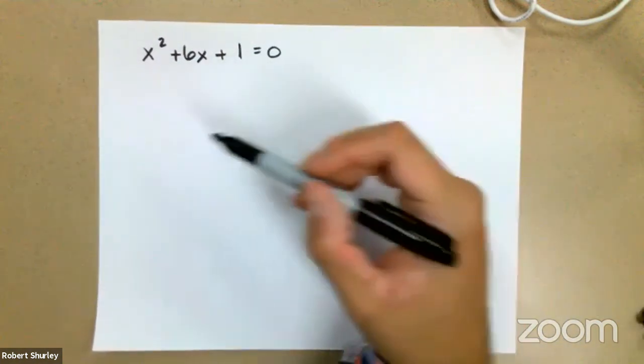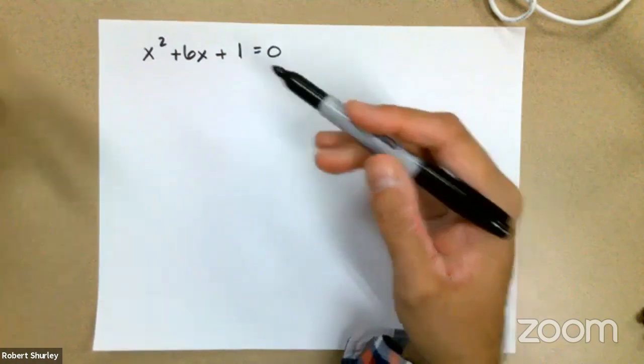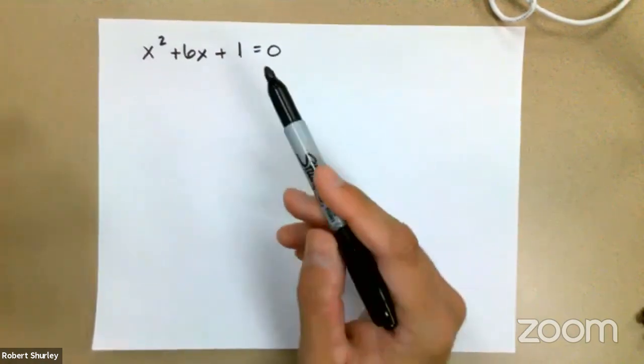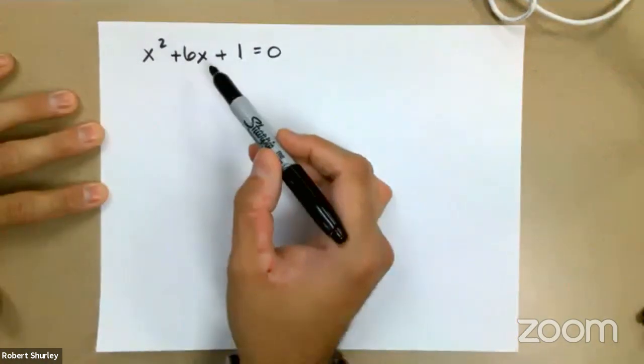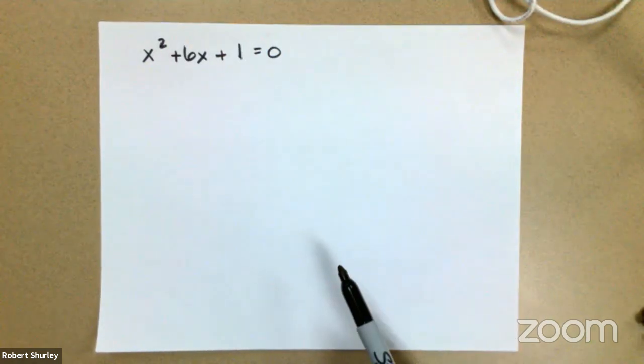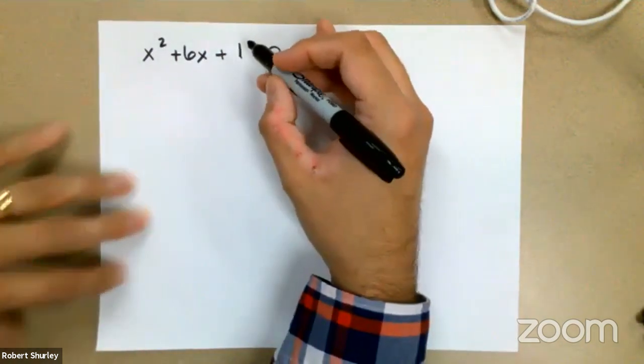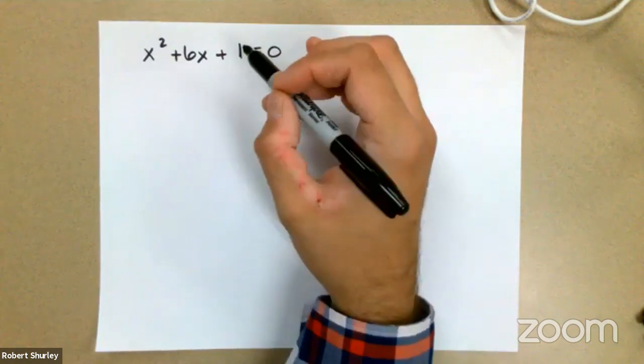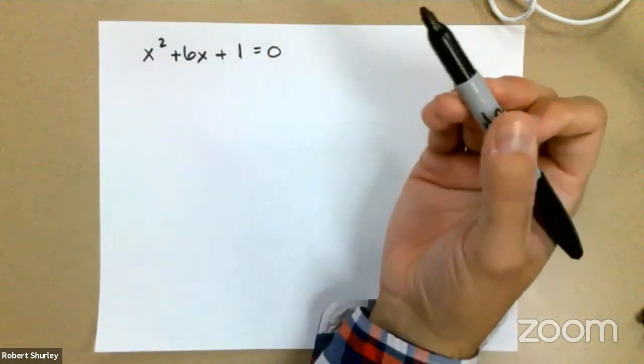Before, the only way we've talked about solving one of these is by factoring, right? And to factor this, you would need 1 times 1 to add up to 6, and it's not happening, right?